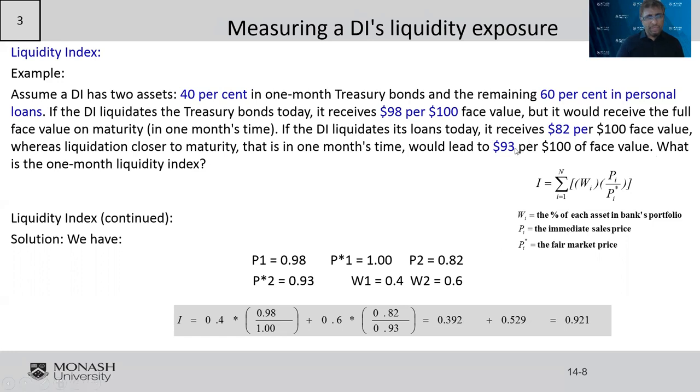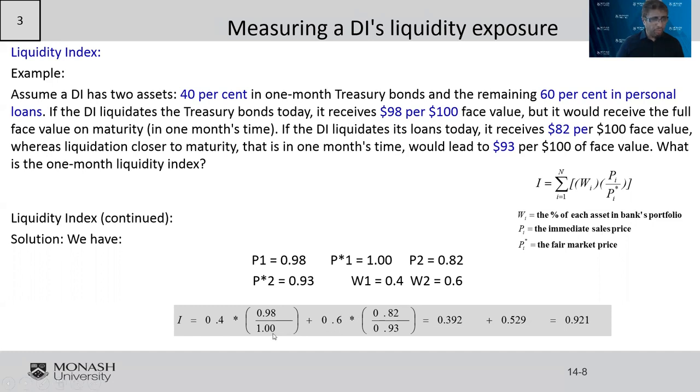So if this is the BI star, and this is the BI star, and this is the P, you just calculate. The weight is 40% for the government securities and 60% for the loans.